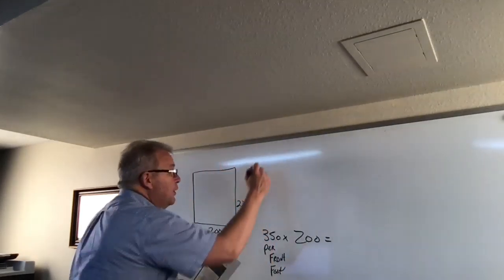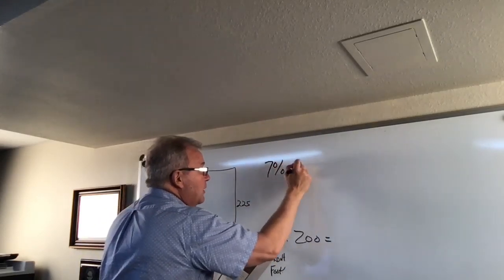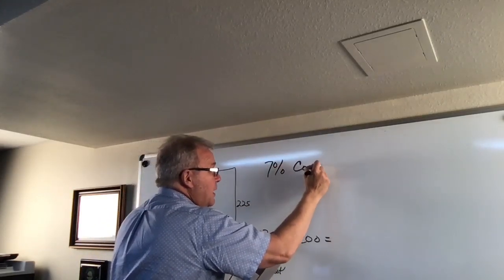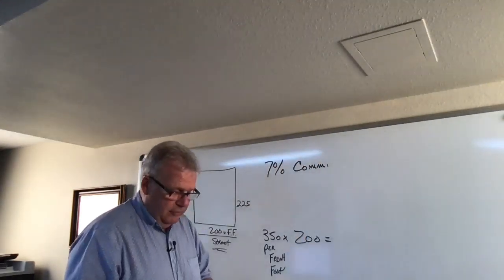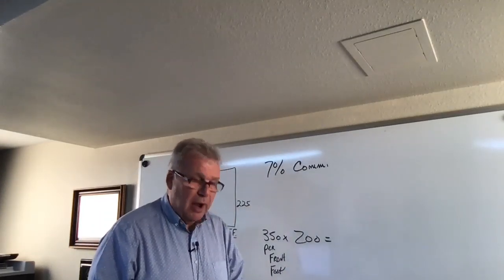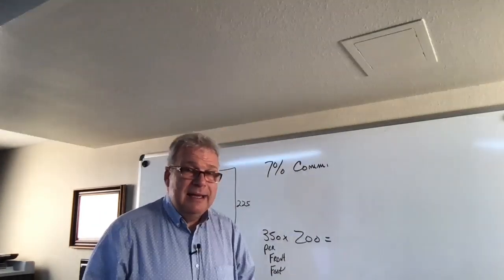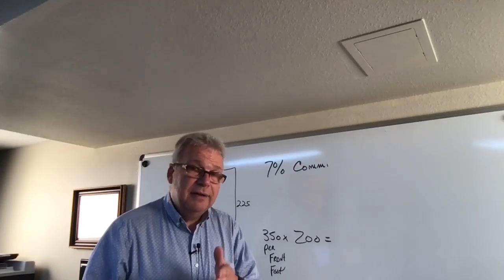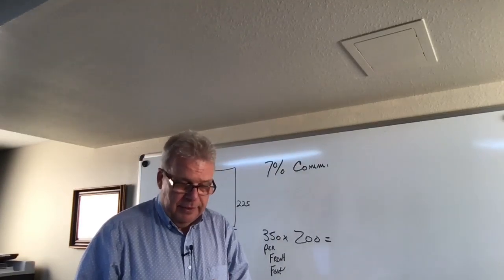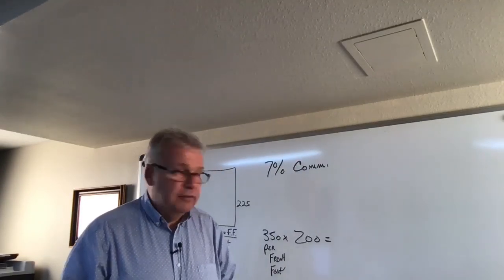Now, Broker Dole, the question says, charges 7% commission. So we know we have a 7% commission. So we'll put that in right here. And it says if Dole sells the property for 90% of the list price, what will the broker receive?